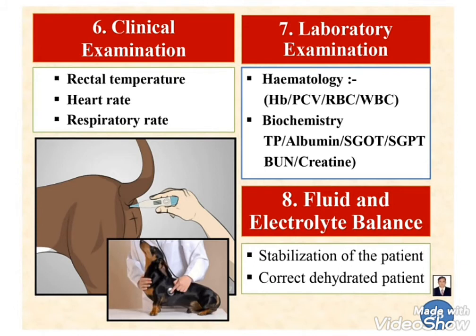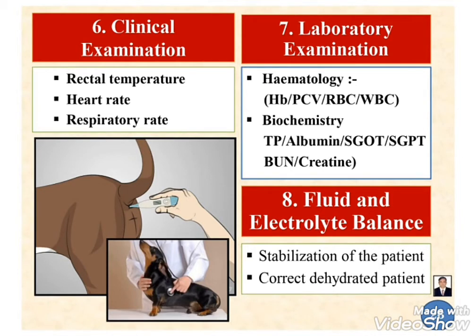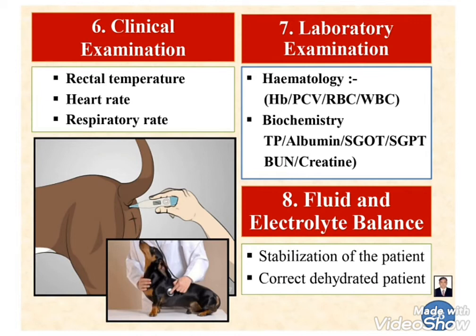Now come to the general status of the animals. The general status of the animals is evaluated by clinical and laboratory examination, and this evaluation is generally performed at the OPD level. First, clinical examination of the animals by recording the rectal temperature, then heart rate, respiration rate, mucous membrane color, and capillary refilling time.